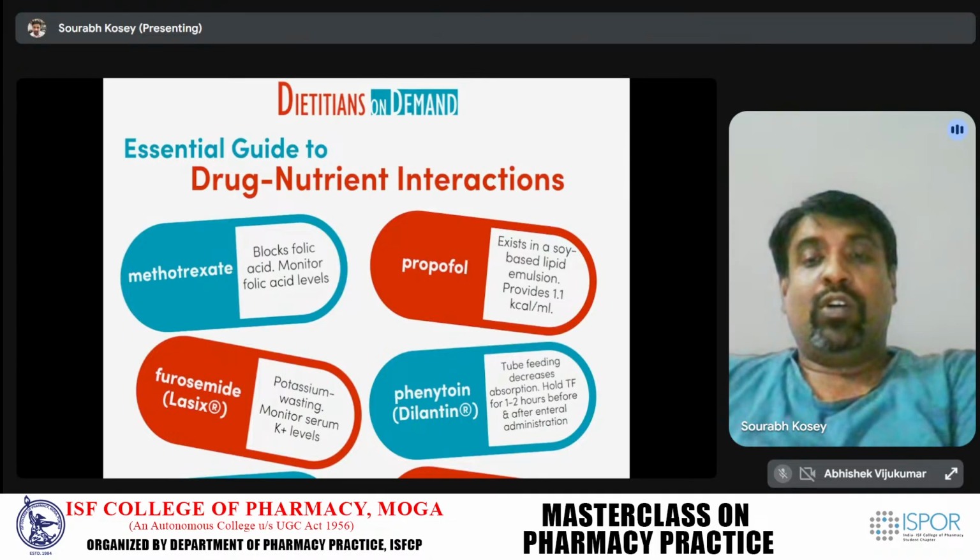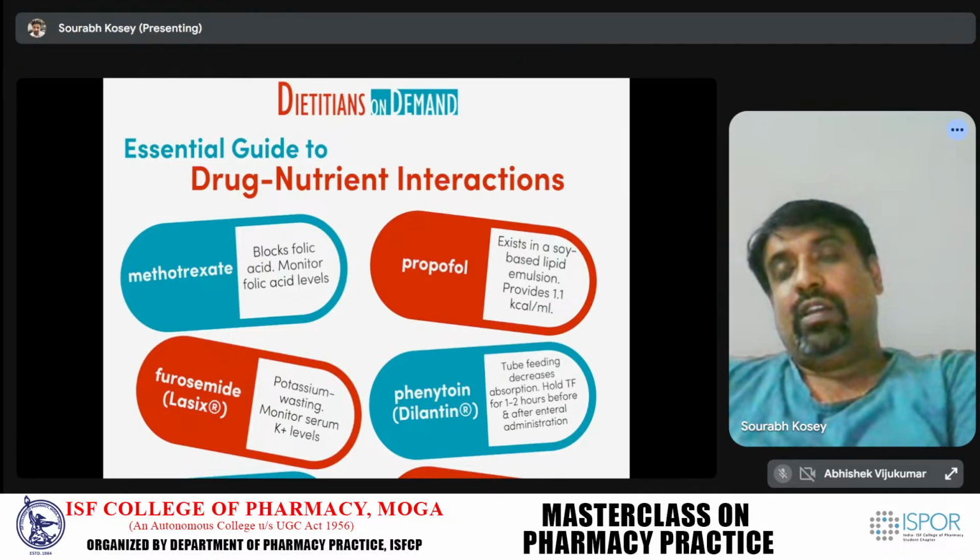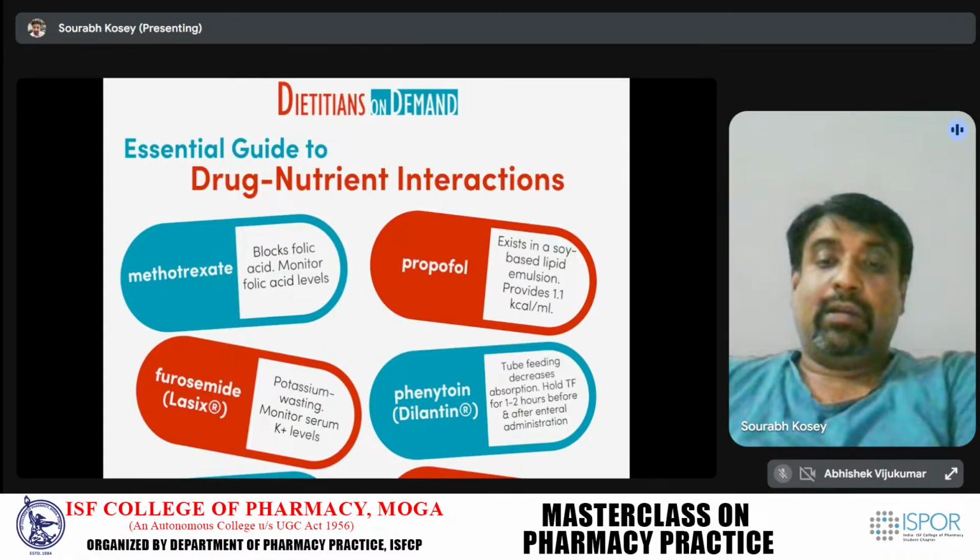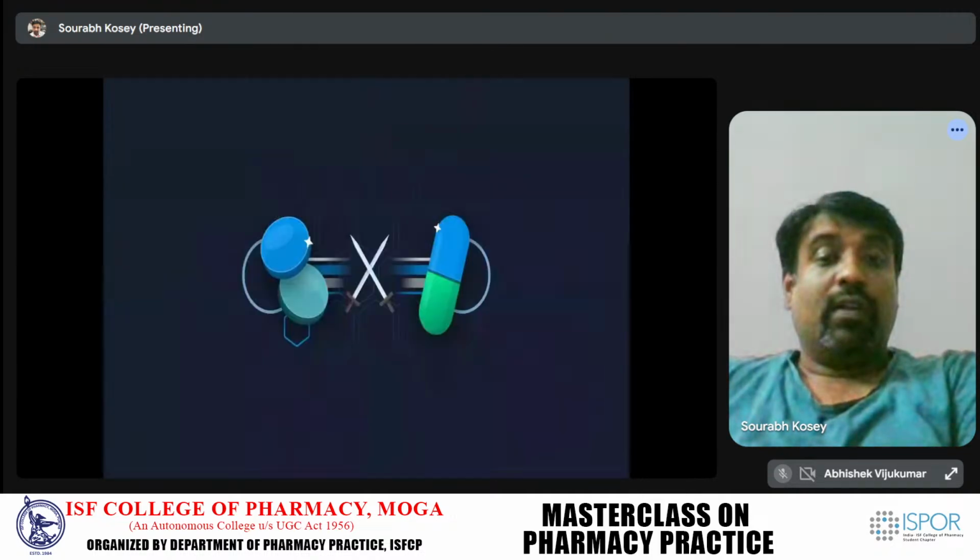Then propofol, a lipid emulsion, provides 1.1 grams of calcium per ml. Phenytoin, Dilantin is the brand name, and tube feeding decreases its levels. So when drug-drug interactions are running up, there is alteration in concentrations.